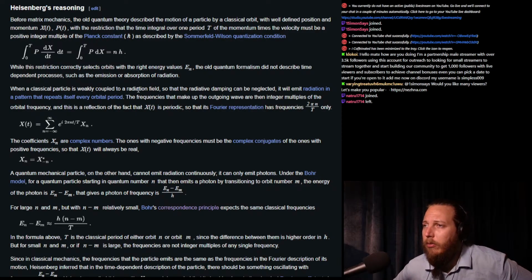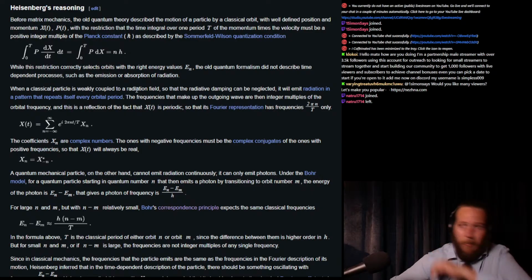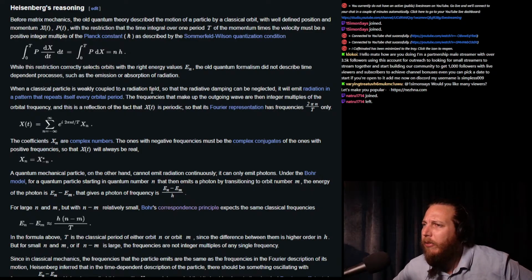When a classical particle is weakly coupled to a radiation field so that the radiative damping could be neglected, it will emit radiation in a pattern that repeats itself every orbital period.